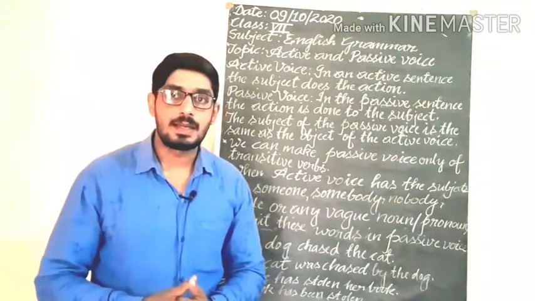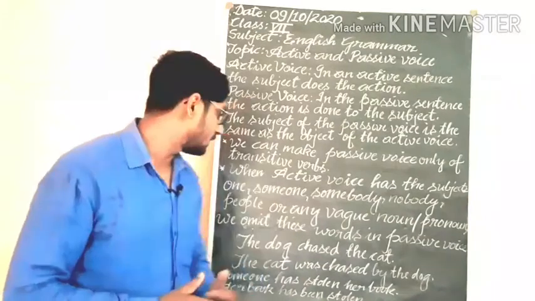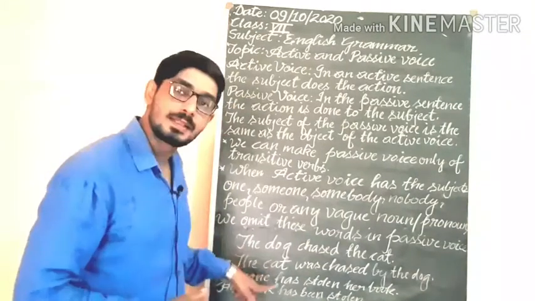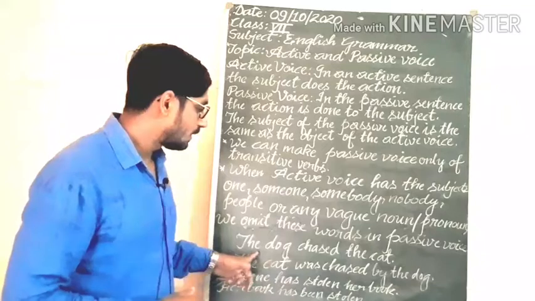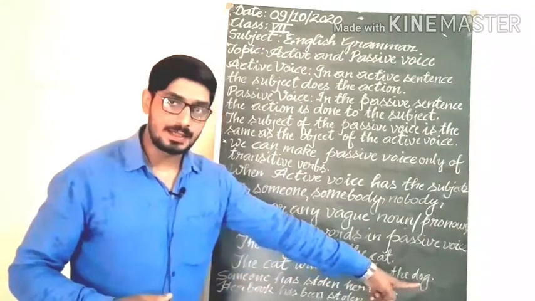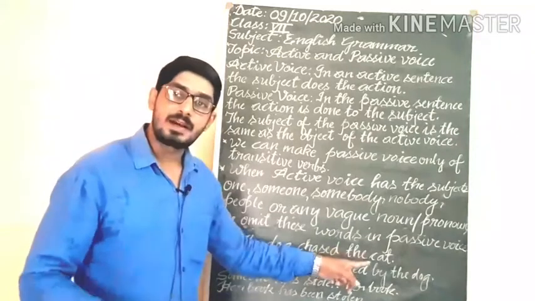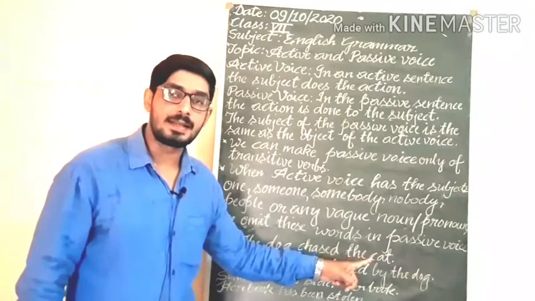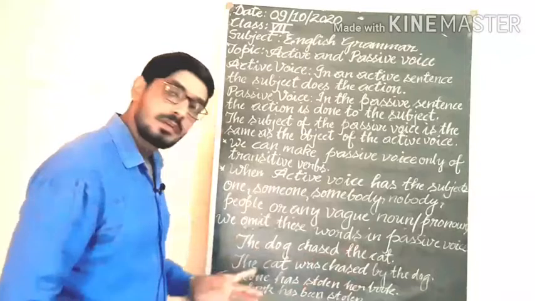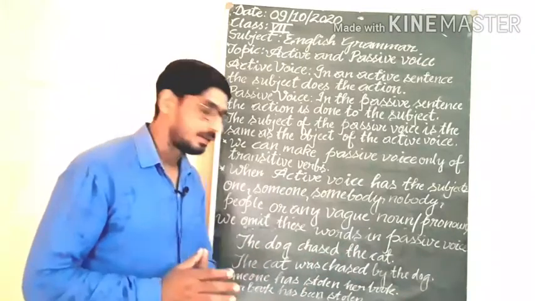Understand? The active voice subject will be the object in the passive voice sentence.